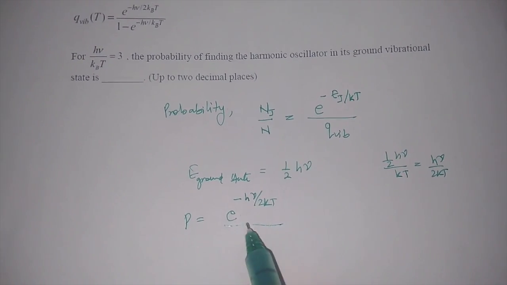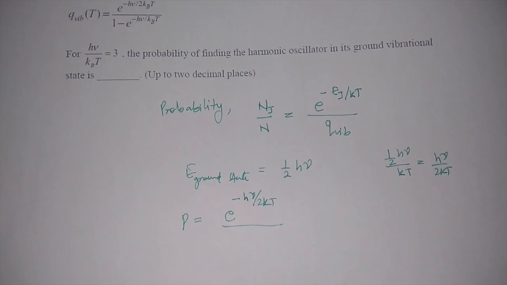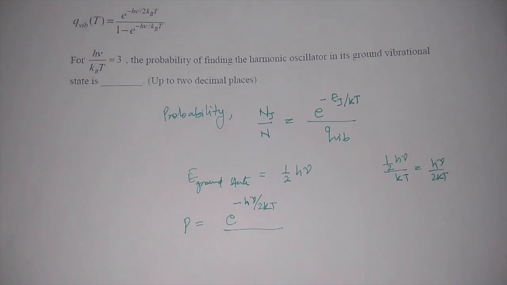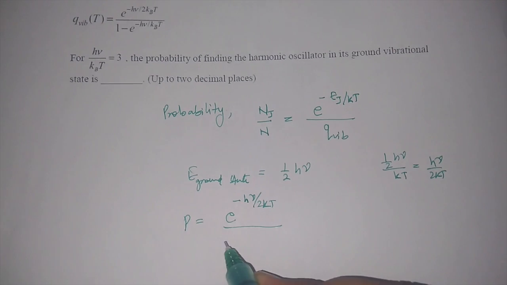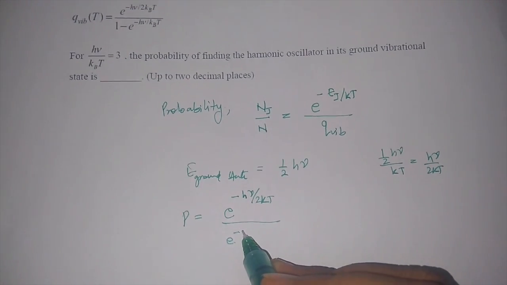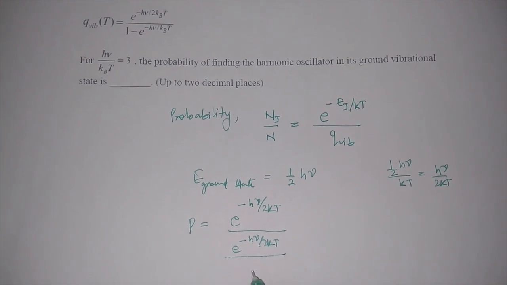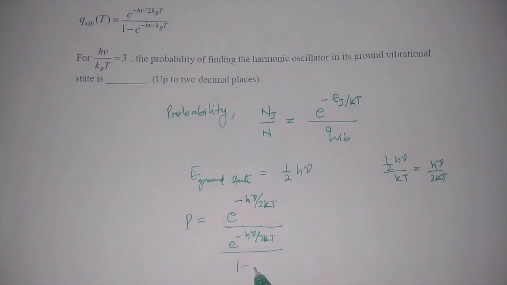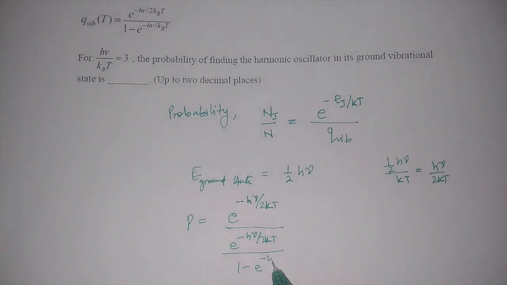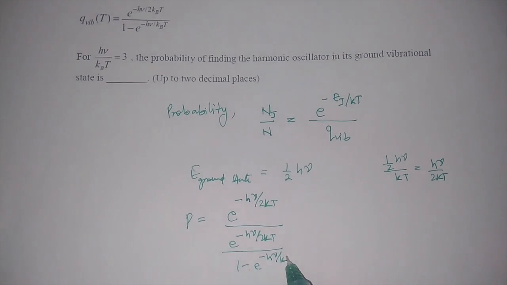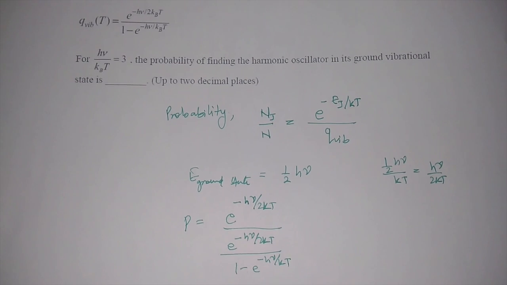And in the denominator, the value is already given to you in the question, so just write the whole value in that way only. So it will be e to the power minus h nu by 2 kT divided by 1 minus e to the power minus h nu by kT. So this is how it is given to you.